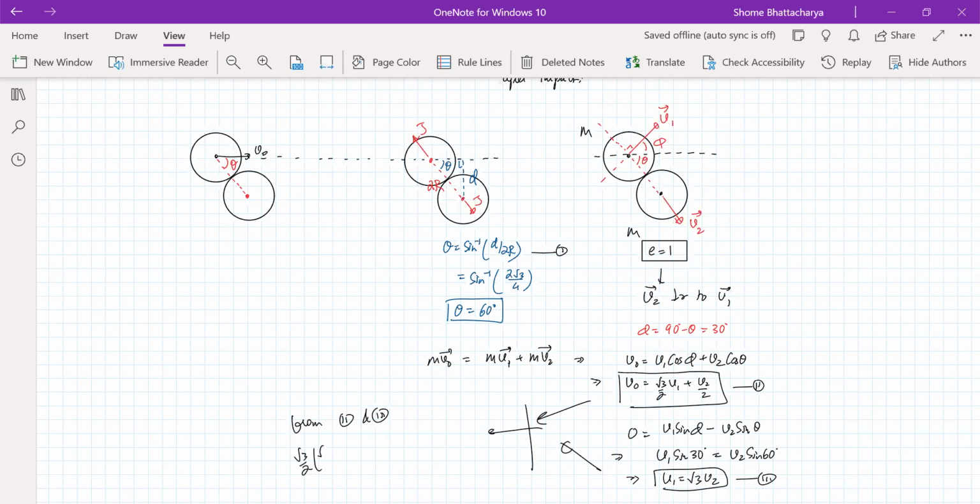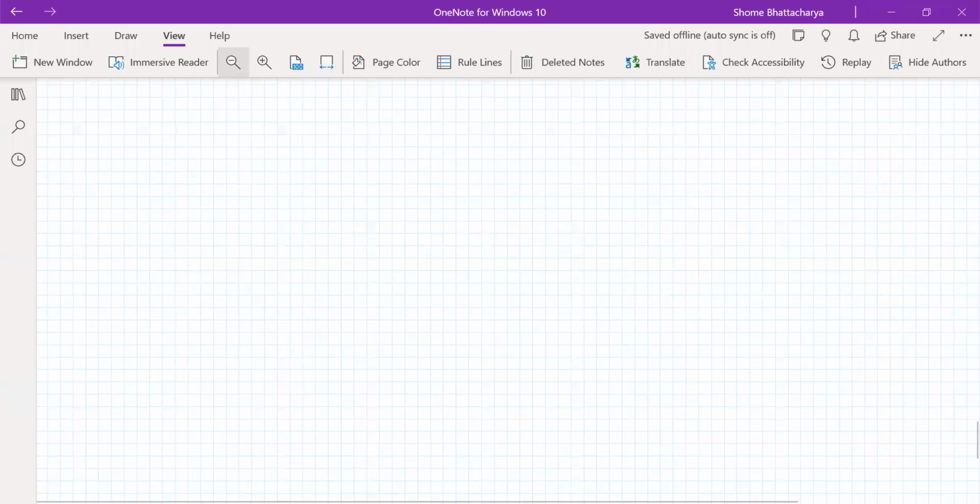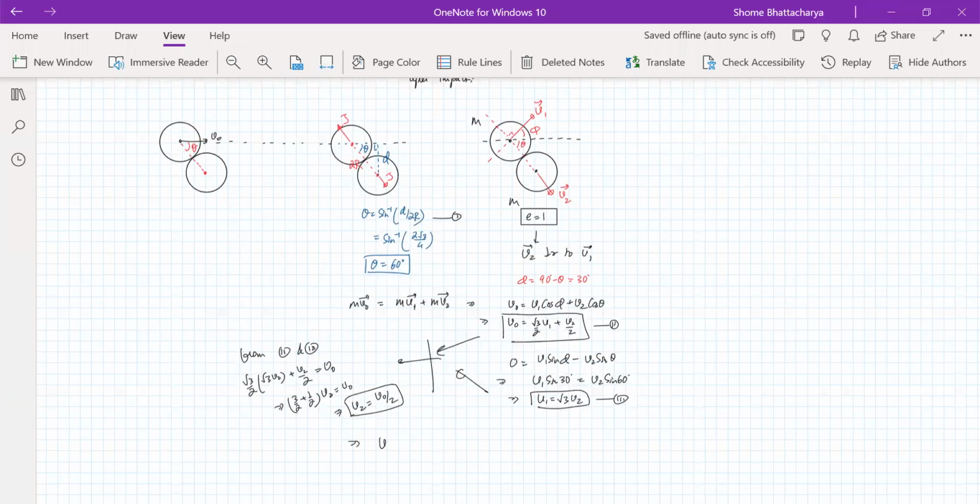V1 can be replaced with root 3 V2. You can see that kinetic energy is also being conserved.